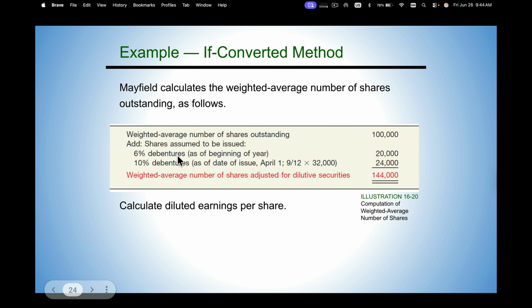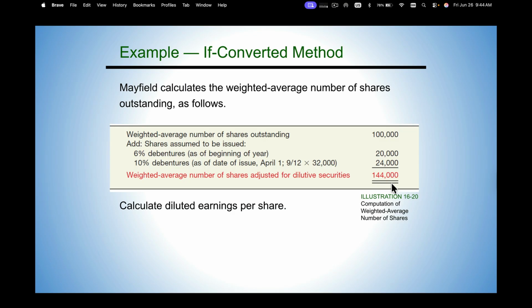The 6% bonds that were outstanding for the entire year would be converted to 20,000 additional shares. And the 10% bonds would be converted on a weighted average basis for the year, 9/12 times 32,000, into 24,000. So if we assume that these all converted, we would have 144,000 weighted average common shares outstanding.